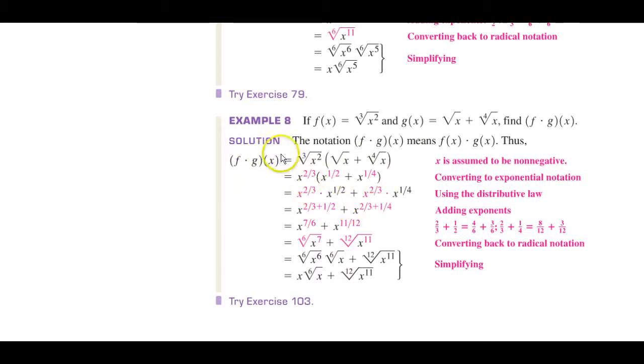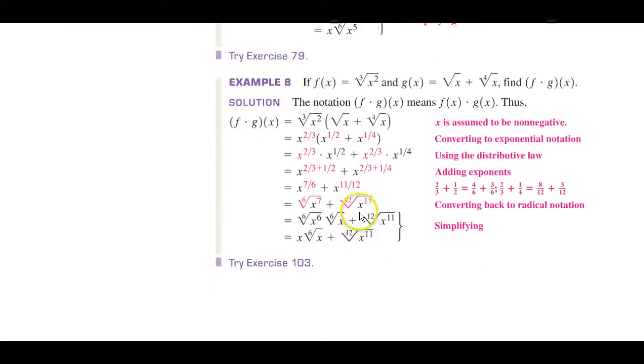And then as we multiply, we are actually adding. Okay? This is not raising a power to a power, it's multiplying radicals. So we just add the exponents. And when we finish, it looks like this. Again, we're not going to have one like this.